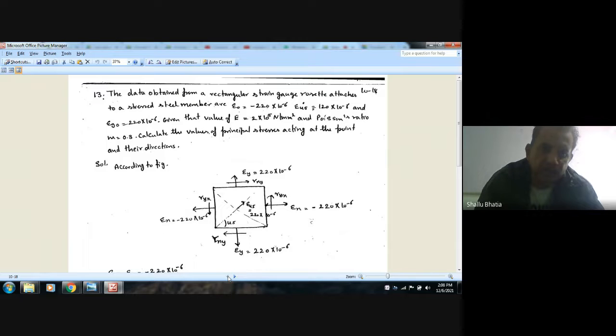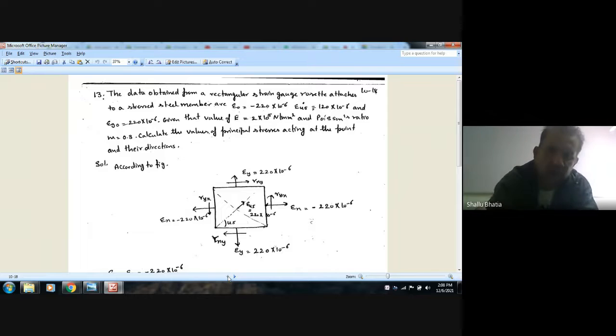Given that the value of E is equal to 2 into 10 to the power 5 Newton per mm square and Poisson's ratio mu is 0.3. Calculate the value of principal stresses acting at the point and their direction.